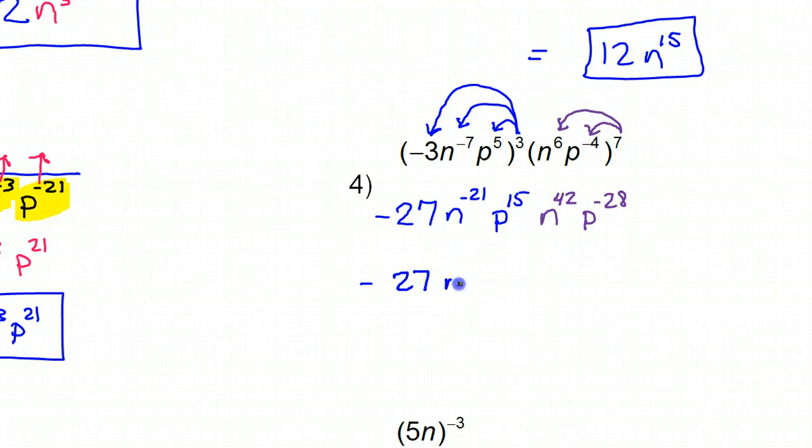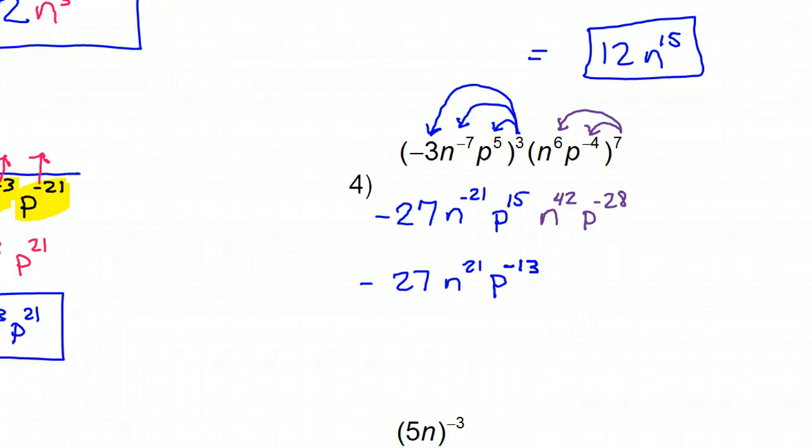So this is going to give me n to the positive 21 power. Negative 21 plus 42 is positive 21. And now with the p's, I'm just going to add 15 and negative 28. So that'll be negative 13.